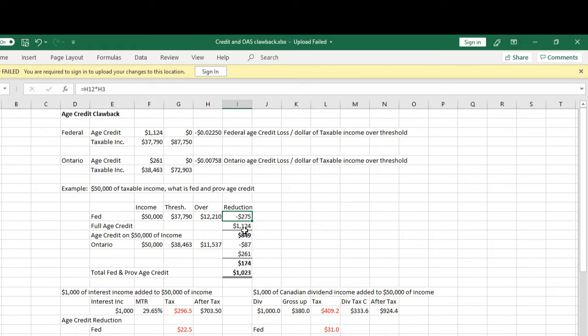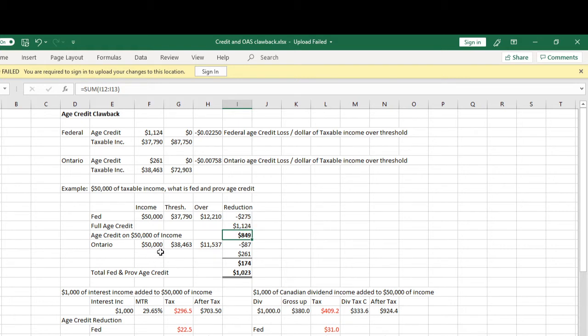So there's full age credit. Therefore, I only get $849. Full age credit is 1,124, I lose 275 because I'm over the threshold, and therefore I get 849.